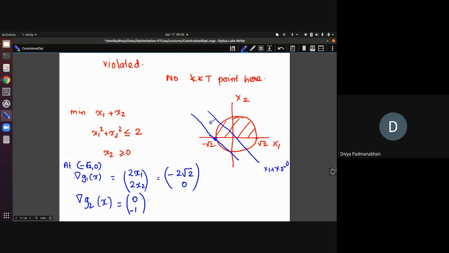Can you repeat the last statement? If the optimum point is not regular, then there is no guarantee that you will find a KKT point with that optimum. The KKT point has x, lambda, mu, right?